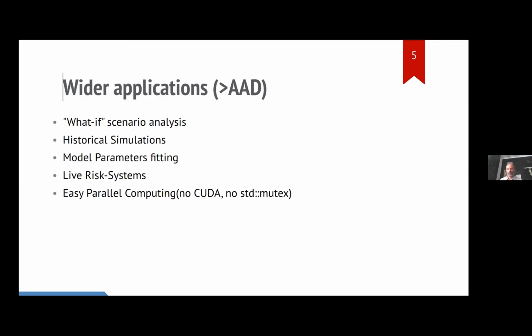What also turns out to be very interesting is that you can do parallel computing in such a simple fashion. It's unbelievable. With CUDA, you need to put a lot of effort into converting your existing C++ analytics into more or less plain C. You can use objects, etc., but you cannot use things like virtual functions there.